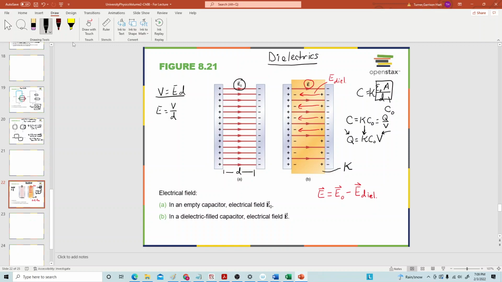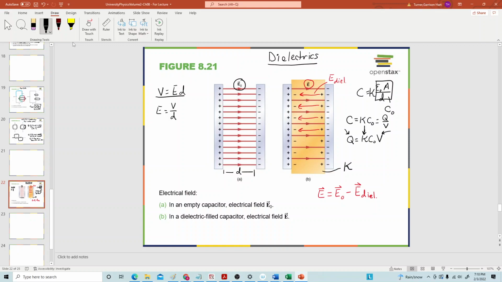So, what are the typical values of dielectrics? Well, some typical substances that are used are things like paper, which has a dielectric constant of 3.5. Polystyrene has a dielectric constant of 2.6.